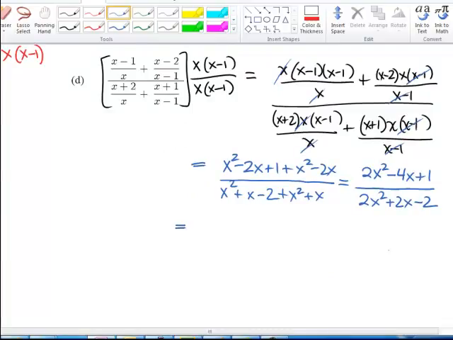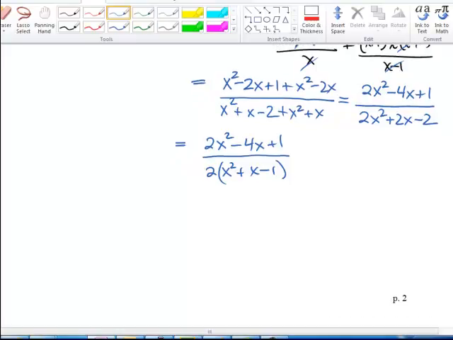I believe the numerator is prime, so we can't factor the numerator. You could try different combinations. We're not going to get anywhere, but the denominator we could take out a 2. And then the group that's left is still prime, so we don't have anywhere to go there. So that would be our final answer.